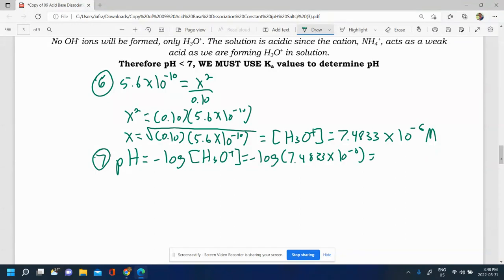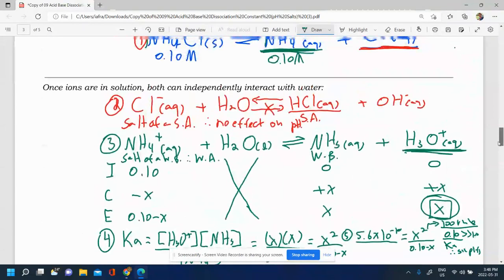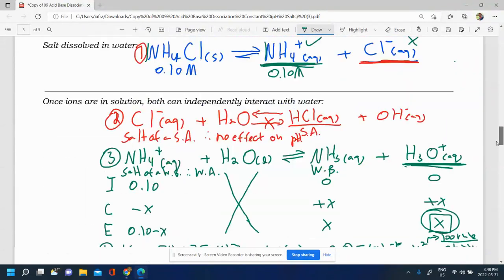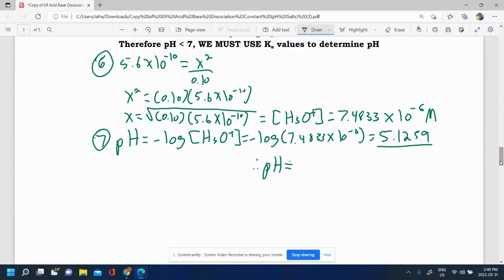And we get about 5.1259 for our pH. So pH is approximately, to how many sig figs? To 2 sig figs, 5.1.